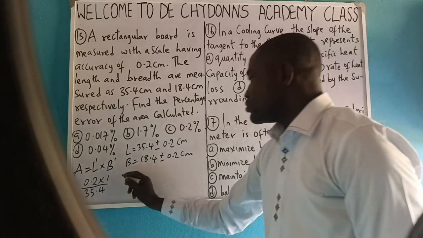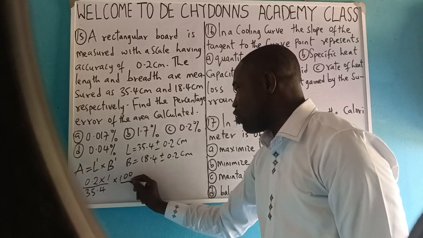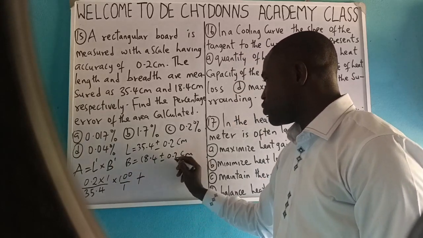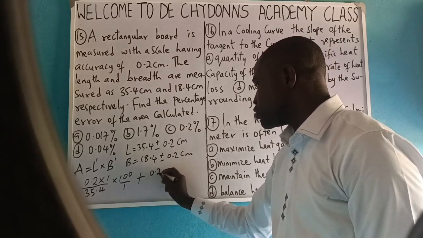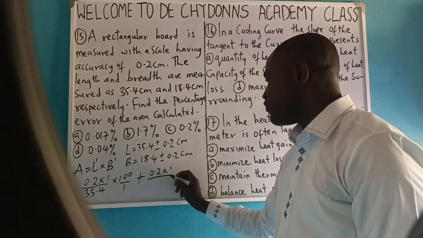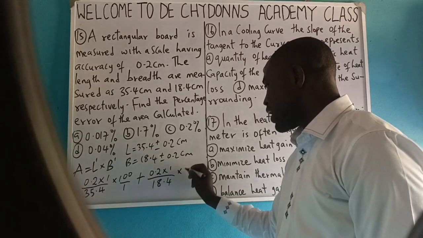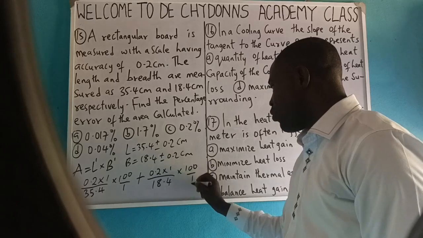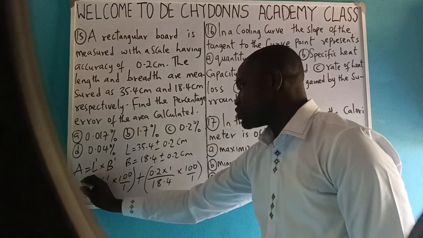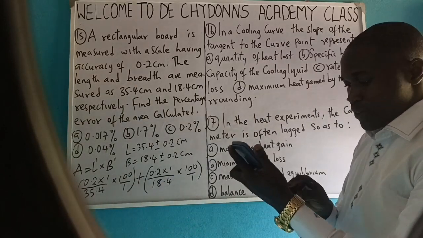Whatever it gives you, times 100, plus you come to the breadth: 0.2 times the power, which is 1, all over 18.4, times 100. You get them individually and what? You add up. So we'll be using a calculator.